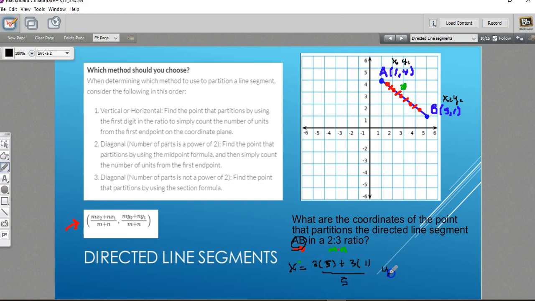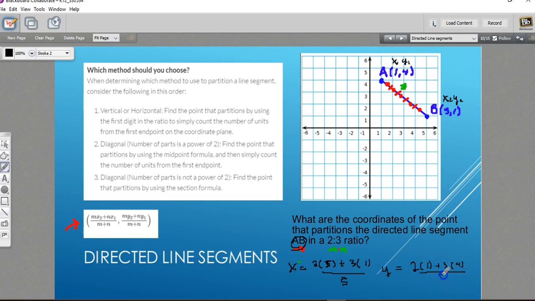And then our y is going to be exactly the same as this, except we're going to replace the x1 and x2.